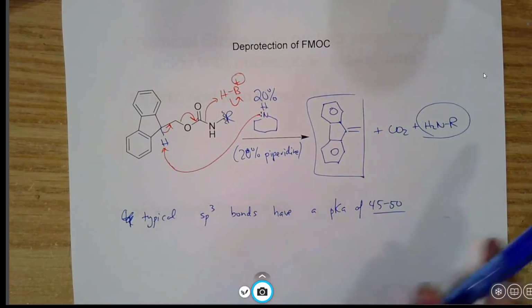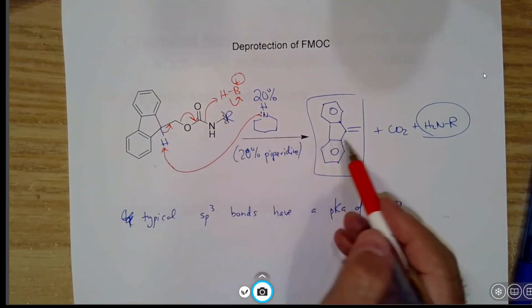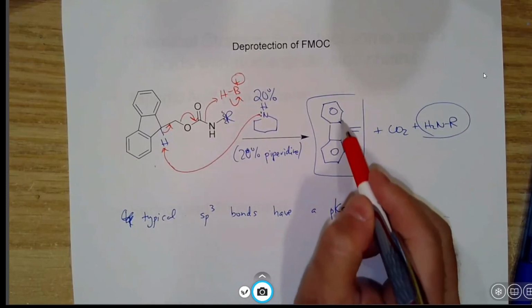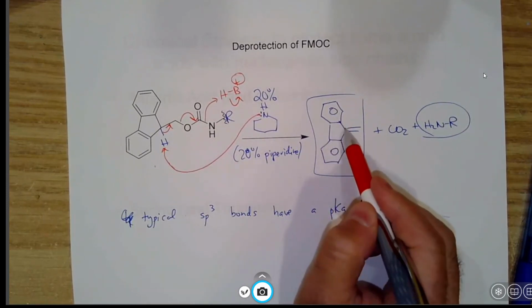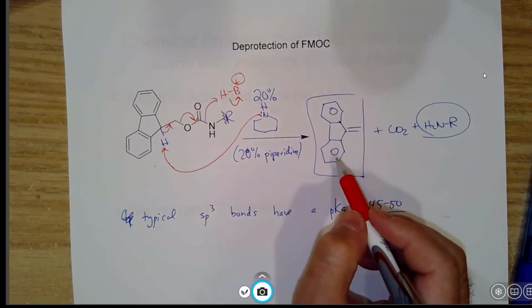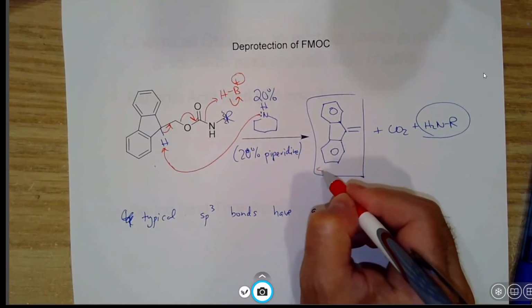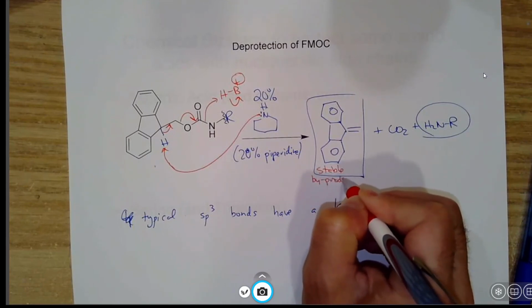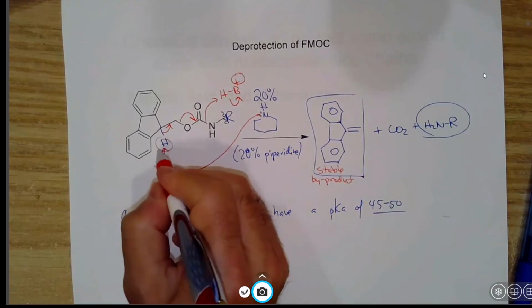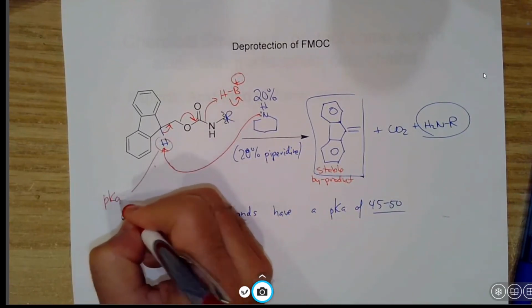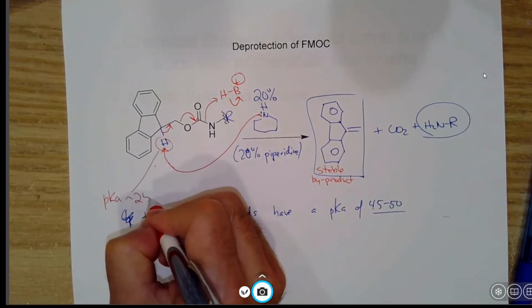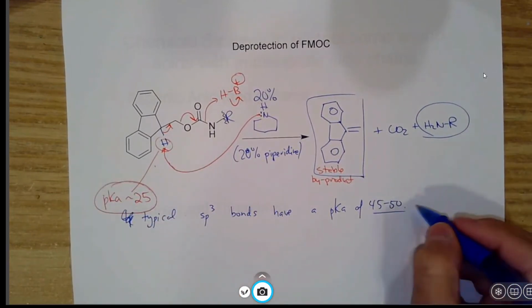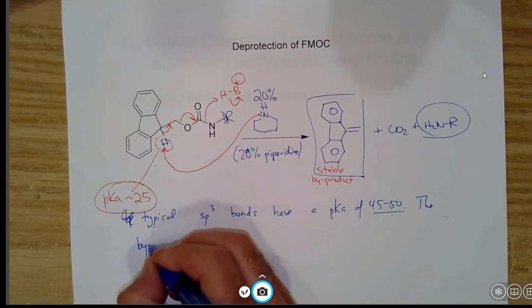The reason is that once you remove this proton here, you form this stable compound, which is sp2, and now adds conjugation to this compound. So this conjugation is quite stable. This is a stable byproduct. So instead of a pKa of 45 to 50, it's considerably lower, a pKa of around 25.